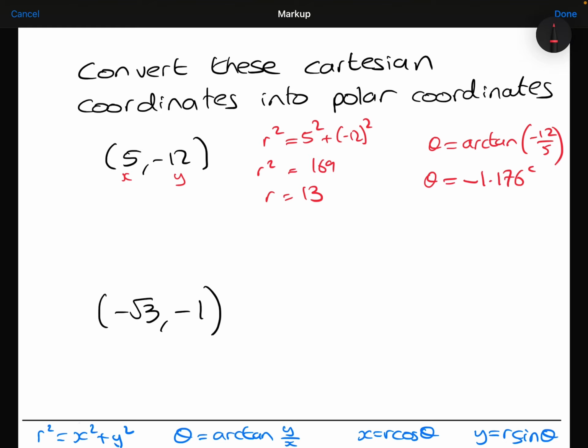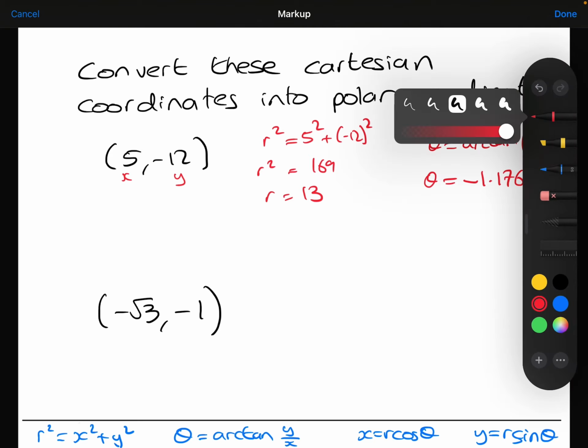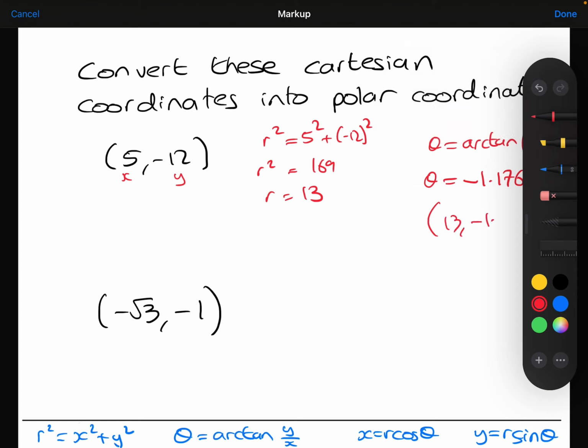So this, if I was to draw this out then, just to help you visualize, that's the coordinate in polar form.